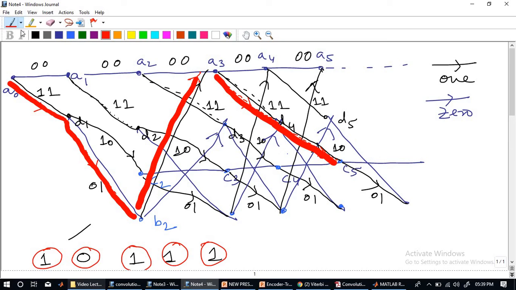My corresponding output for this will be nothing but the branch weight which corresponds to this red. So my branch weight is given by 1 1 over here, because this is 1 1. This line represents 0 1. So our output is 0 1. It goes in this line. This line is corresponding to 1 0, I guess.